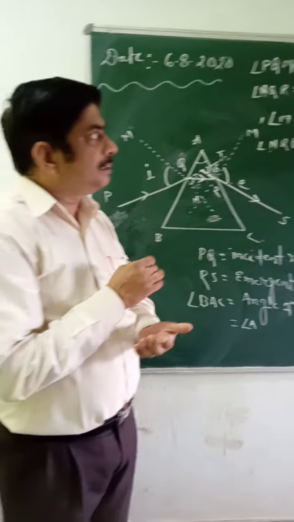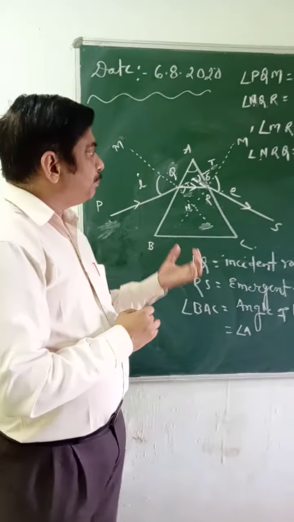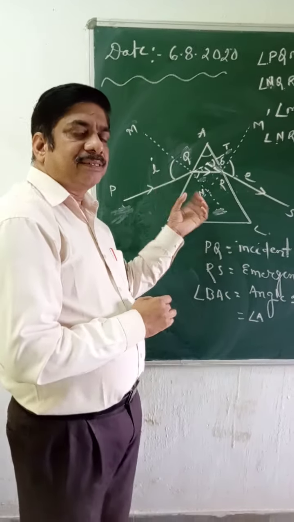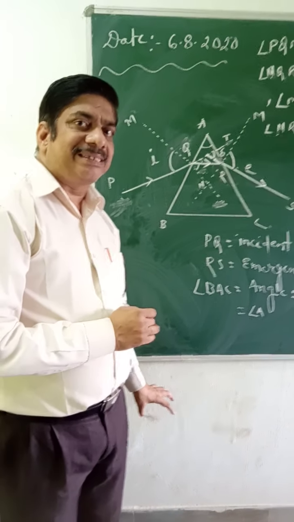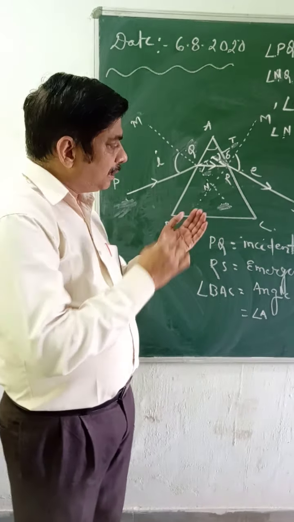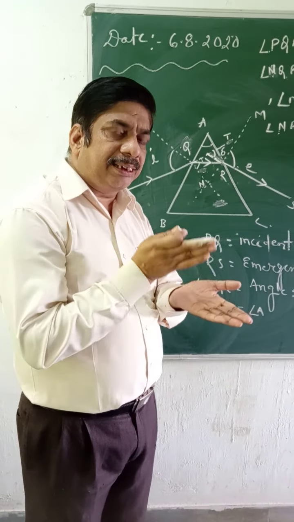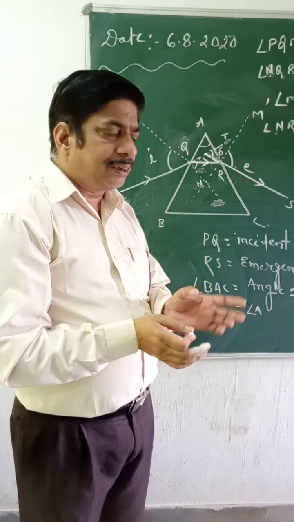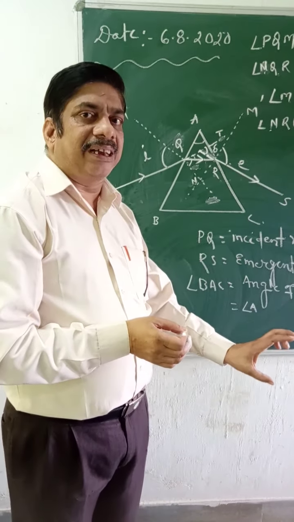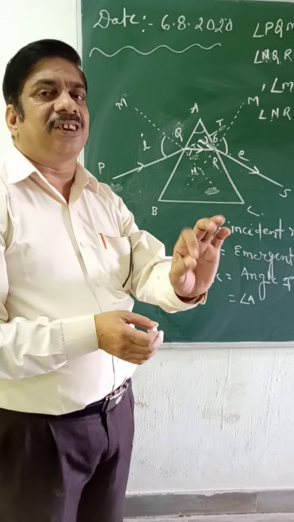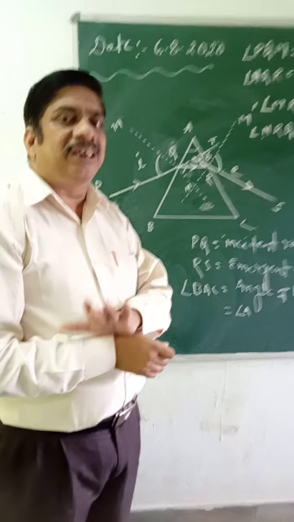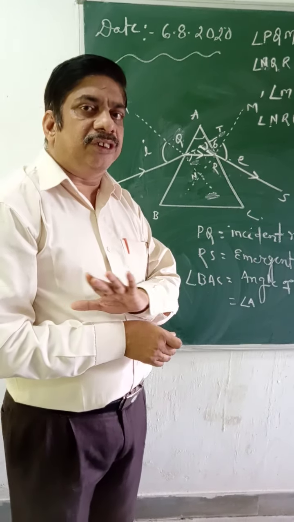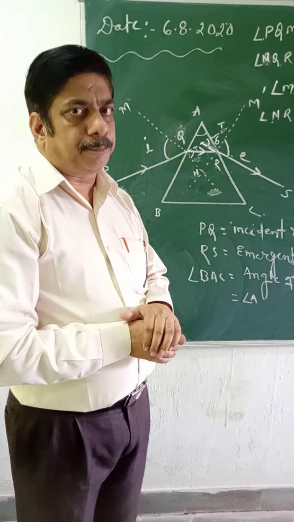So now what is a prism? A prism is a device which gives refraction as well as deviation. How can you differentiate the prism and the glass slab? A glass slab is a device which gives refraction only, and the emergent ray is parallel to the incident ray, so there is no deviation at all.